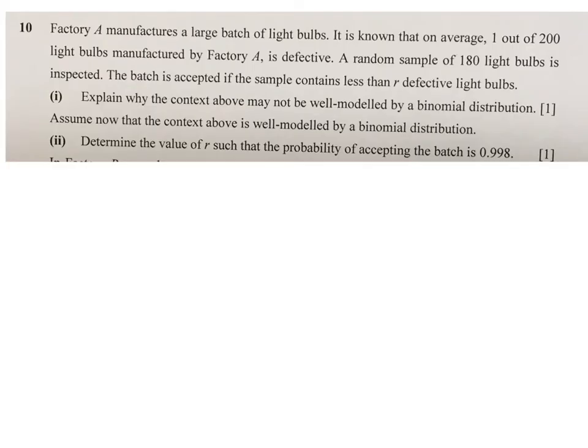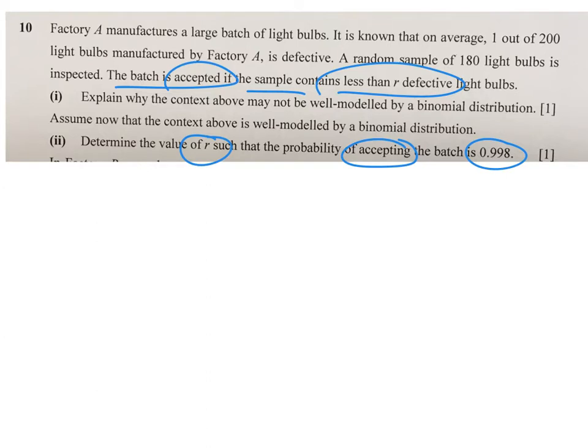In part 2, we are asked to determine the value of R such that the probability of accepting the batch is 0.998. Referring to the question, the batch is accepted if the sample contains less than R defective light bulbs. Let us first start off by setting up the random variable and the distribution.